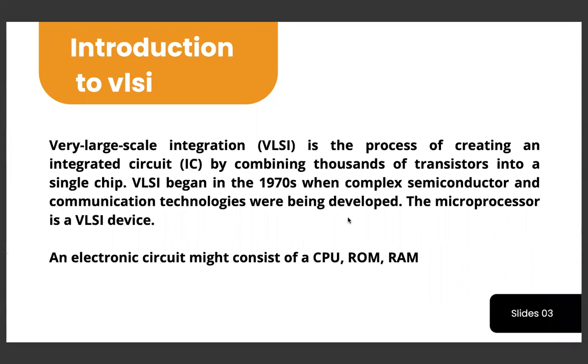It's very hard to say where it's not used. Even if you just go to a room, I would be really surprised if you don't have a VLSI or an electronic device there.